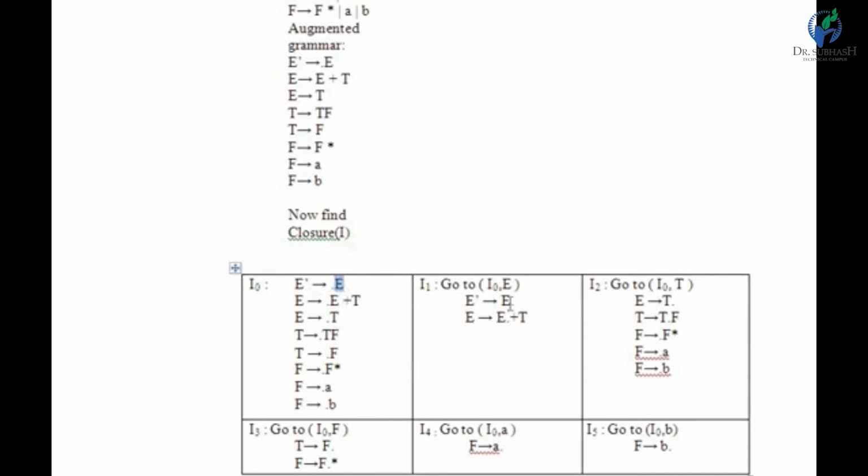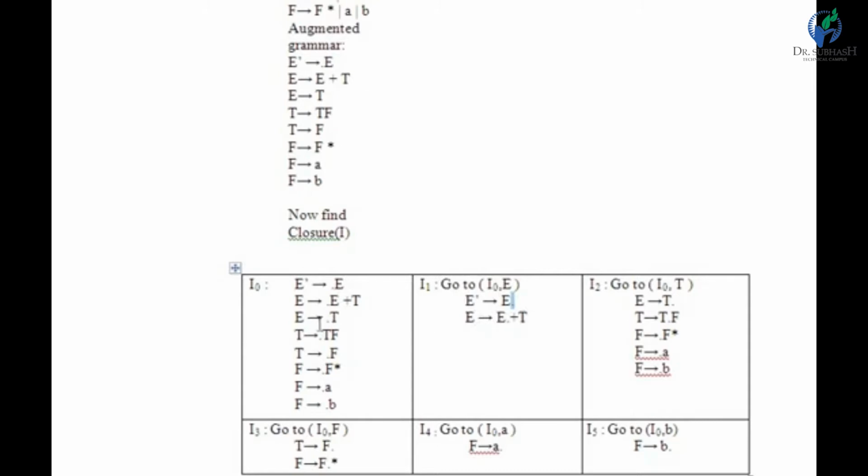So E dash gives E dot and E gives E dot plus T. Right hand side productions in which you have dot before E, all those dots are moved. So E dash gives E dot and E gives E dot plus T.